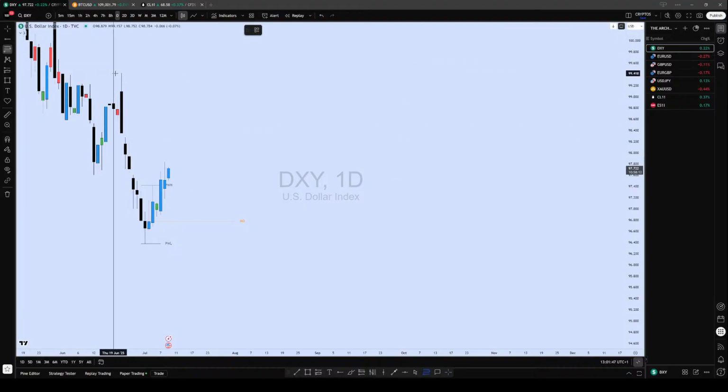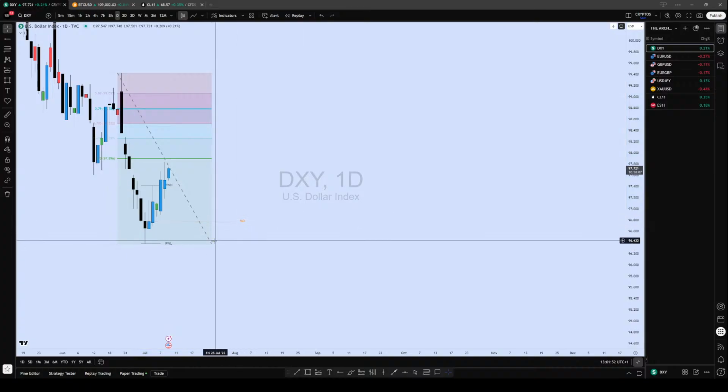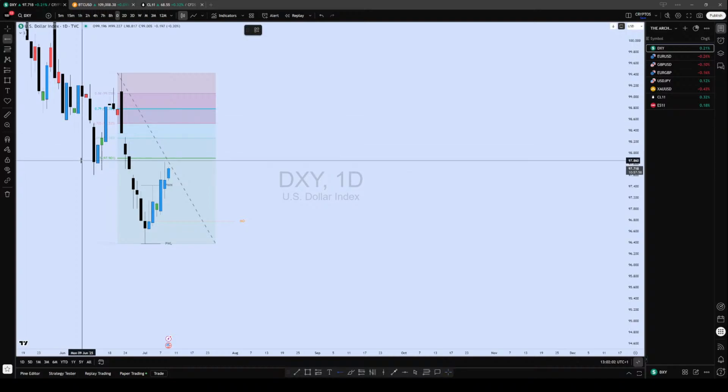Yesterday we looked at price going to the 50% of the range. Okay, so the 50% of the range, that is the 97.90 level.